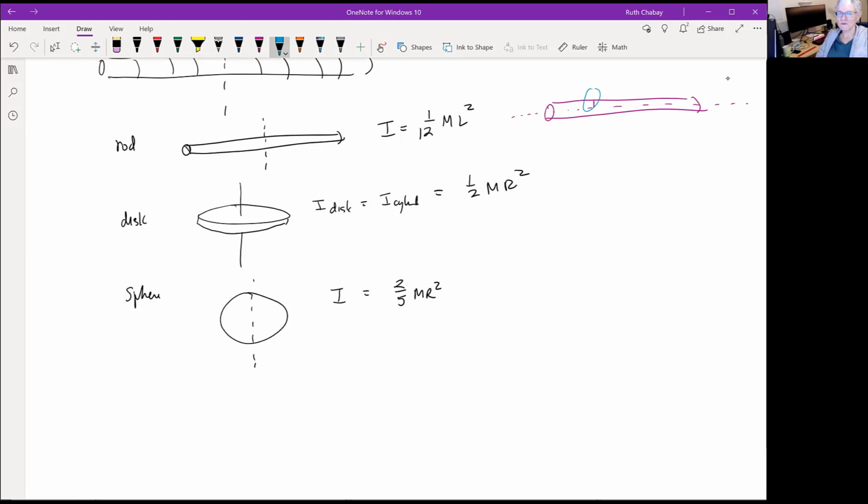Moments for really odd shapes are always interesting and challenging, and you have to figure out how to divide your odd shape into some other shapes and sum over them. If it's a really odd shape, you're just going to have to do it numerically. There isn't going to be an integral that you can do to give you a nice result.